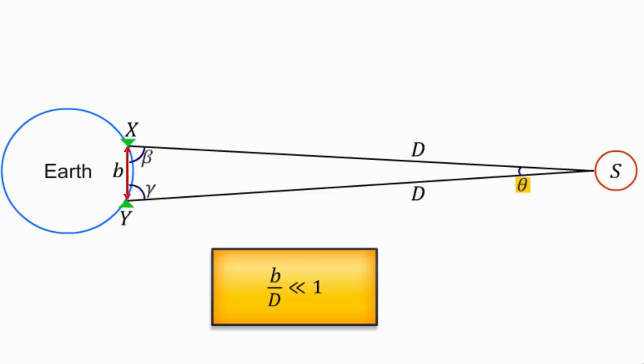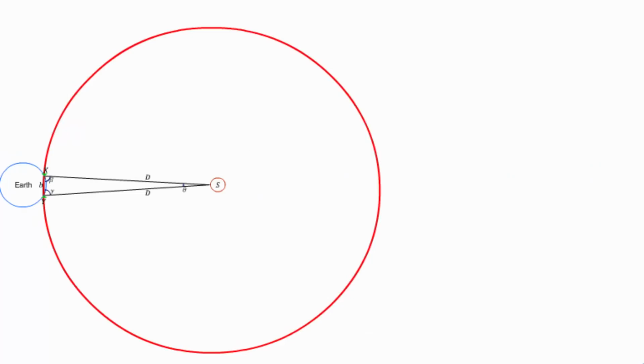Subsequently, we consider X and Y as two points on arc of a large circle with its center at S and radius D. By definition of angle, theta is equal to the ratio of the arc length, which is the basis B, to the radius of the circle D, where theta is taken in radians.